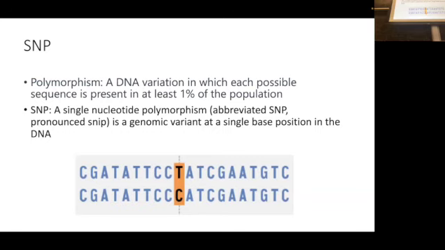Polymorphic means these kinds of incidents are found not so rarely, at least in 1% of the population. So based on 1%, we should not say that yet. But when we sequence about 1,000 people, and at least 10 people show the T allele, or more than 10, then we can say that, hey, that is the polymorphic region. The chromosome 1 11th position is the polymorphic region.